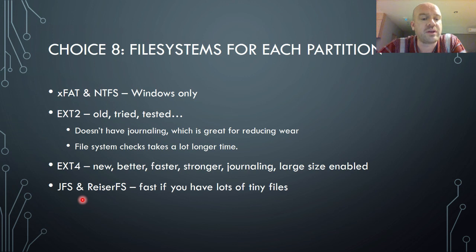For example, JFS, which is the IBM developed one, ReiserFS, which is the non-developed one, I think. But there are some special cases if you have a database or something, lots of tiny files. This is going to be a lot faster. I don't know. I think pretty much everyone wants ext4, except for a few who want to use ext2.